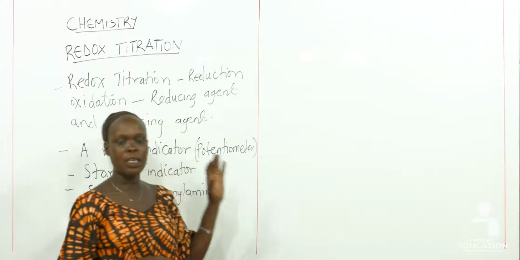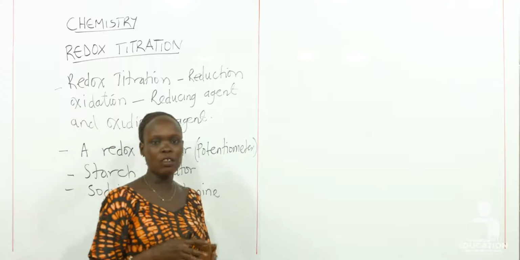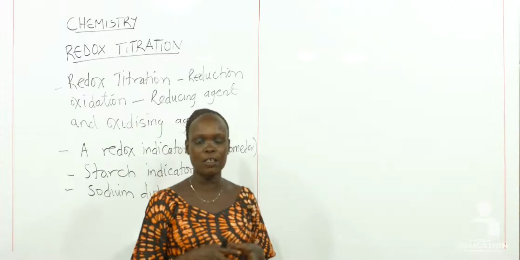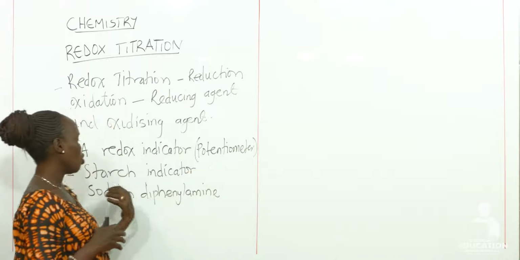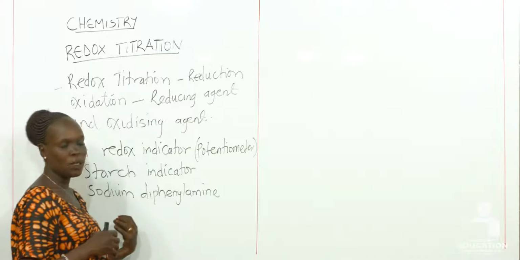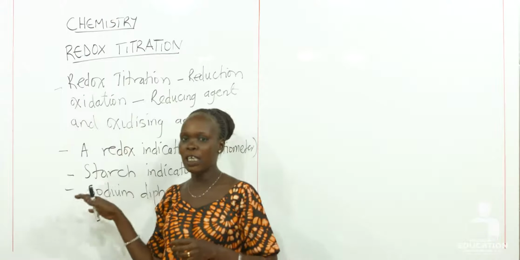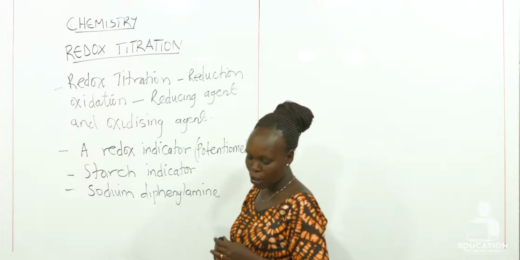So in redox titration, some of the titrations don't need an indicator, but there are those which need indicators. The indicators that can be used are a potentiometer, a starch indicator, or sodium diphenyl amine. So which of the indicators are we going to use in redox titration?